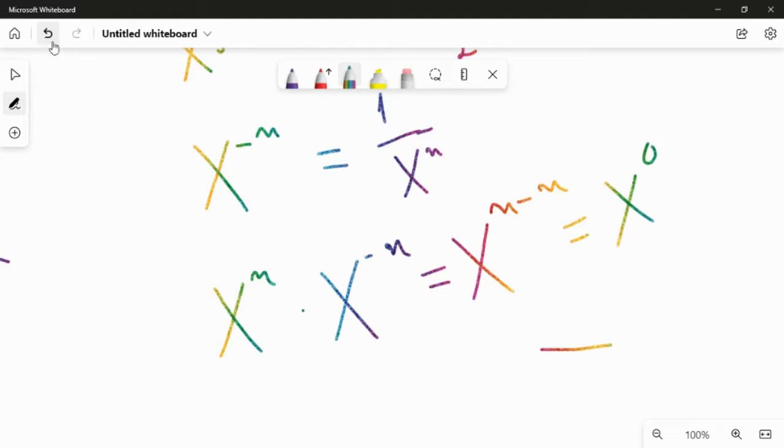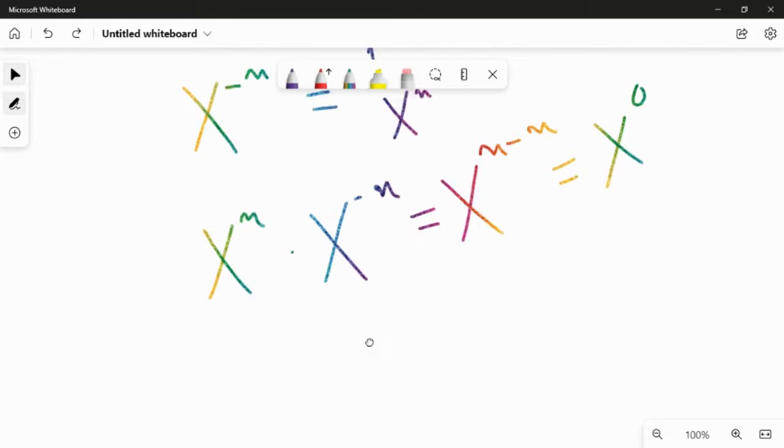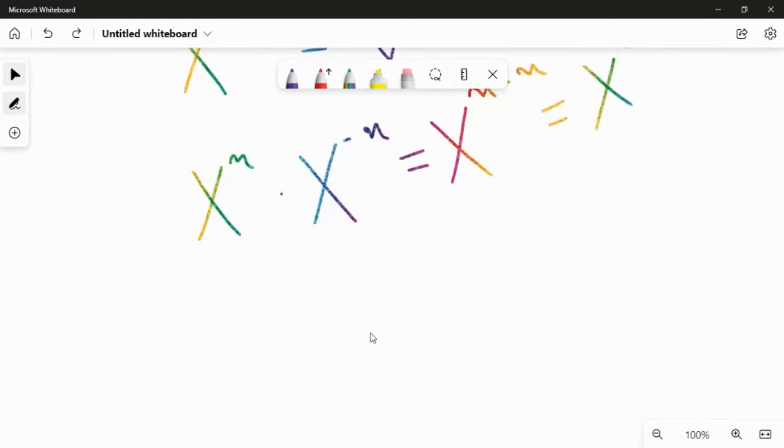Another way of writing this is x to the n times 1 over x to the n. Isn't that right?